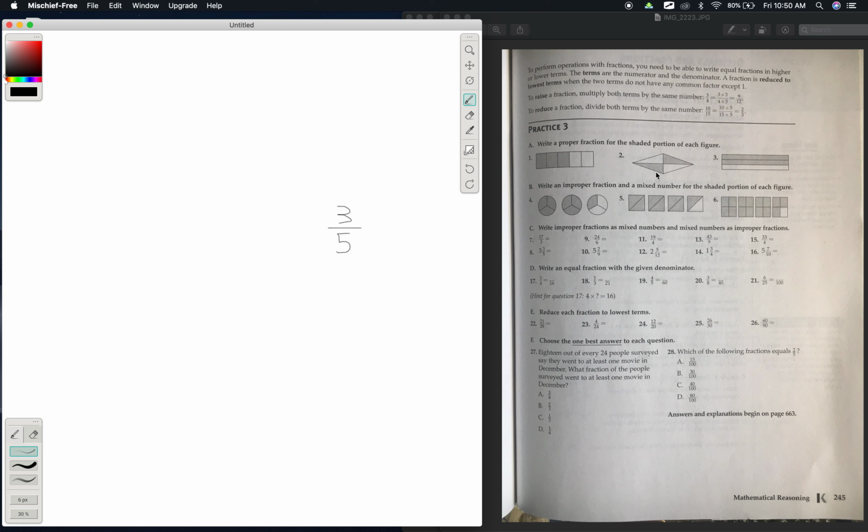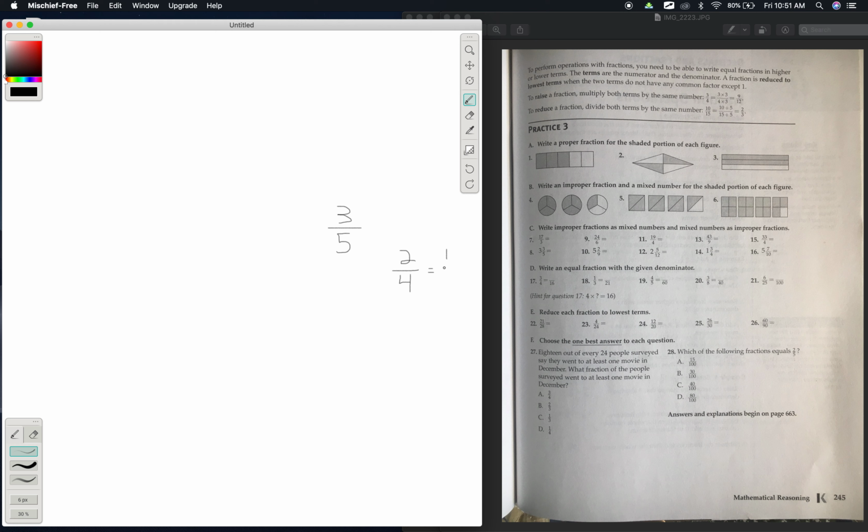This one here requires 4 pieces, but we have 2 pieces, which again are the shaded areas. So how do you tell people that? 2/4. Just as a side note, anytime the bottom number is double the top number, it means it's 1/2. And 1/2 can always be reduced to its lowest term.